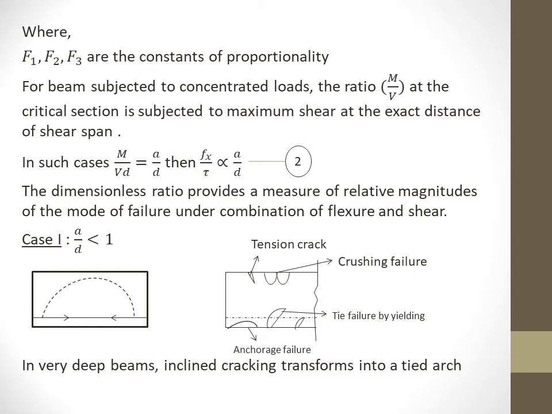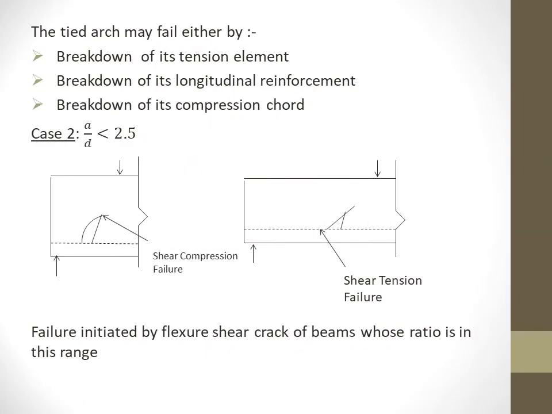The inclined cracking turns something like this into a tied arc, and the tied arc may fail due to various reasons, either by breakdown of its tension element, that is a tie, the longitudinal reinforcement.